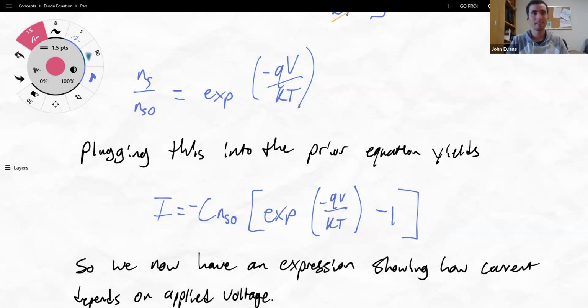So if you look, now we have an expression relating current to voltage. So now we should be able to apply a voltage to our device, which is pretty easy, measure the current, which is also pretty easy, and learn, we should be able to, one, predict what should happen, and we can learn a little bit about the semiconductors this way.